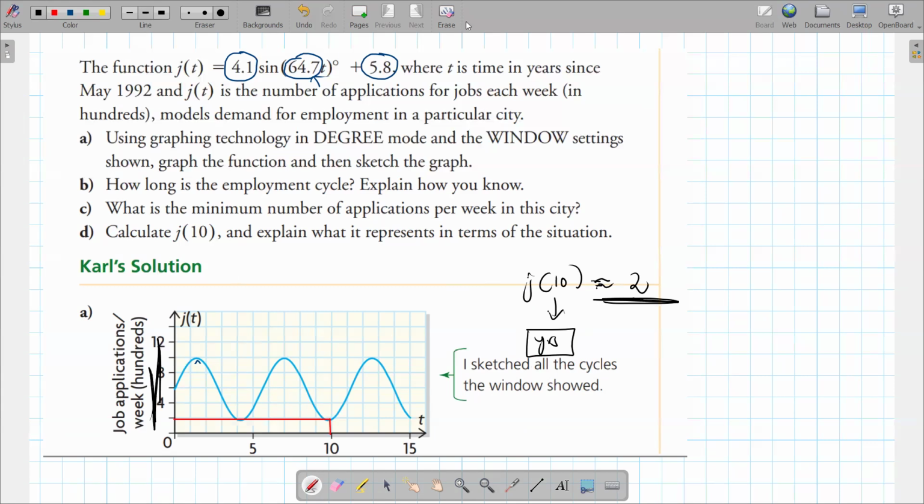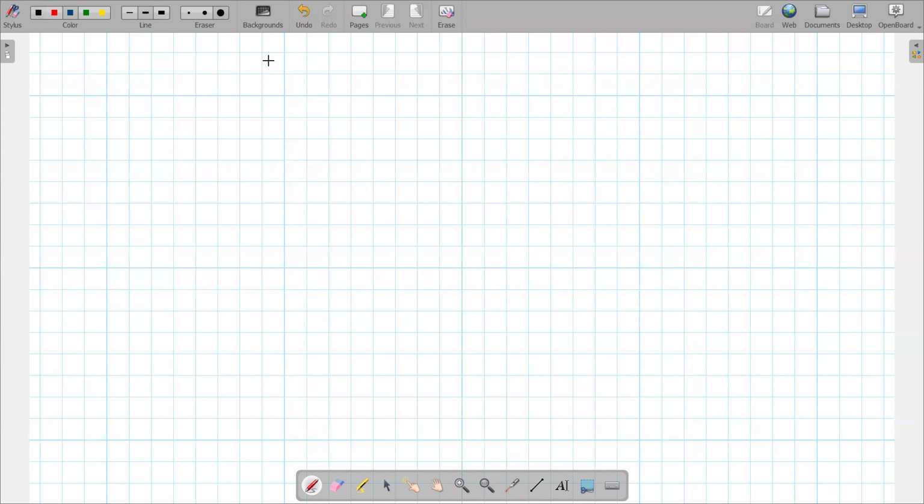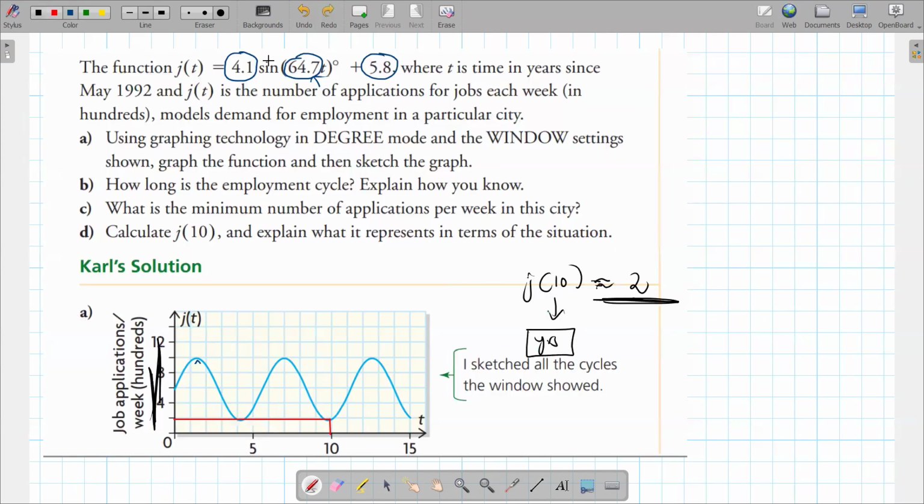Again, not that difficult, but do you see how useful it is? Sine function, periodic functions in general. Can you think of something in nature that follows a cycle, that follows a trend? Weather, temperatures, right?